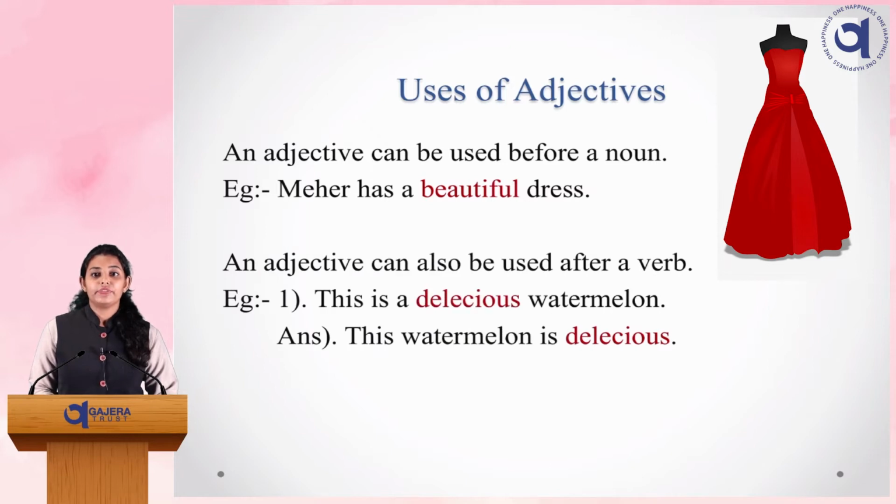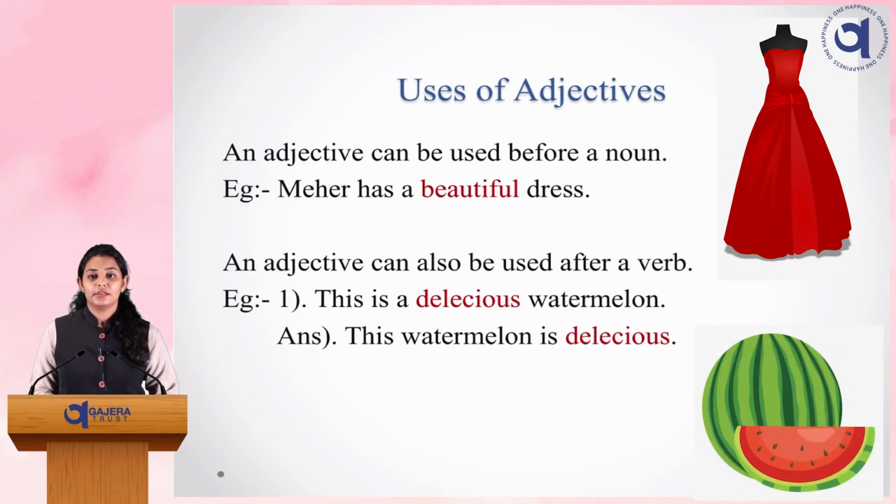An adjective can also be used after a verb. For example, let's see, this is a delicious watermelon. So its answer is: this watermelon is delicious. So here which is the verb, students? Yes, correct.